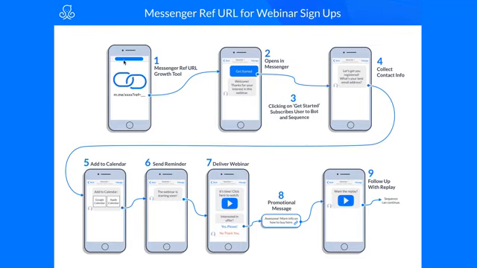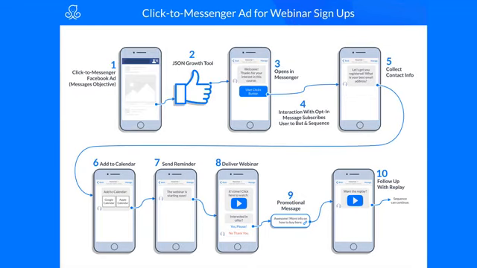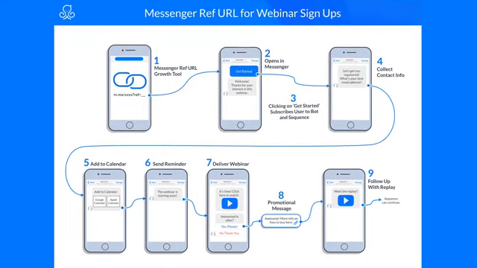You can provide this ref URL so that people can click and have this unique experience, subscribe to your bot. They're going to get a get started message as soon as they click on this ref URL. As soon as they click on that button, it's going to subscribe them to your bot, and you can subscribe them to the same sequence that you built in the last blueprint, if that's something you decide to execute on.